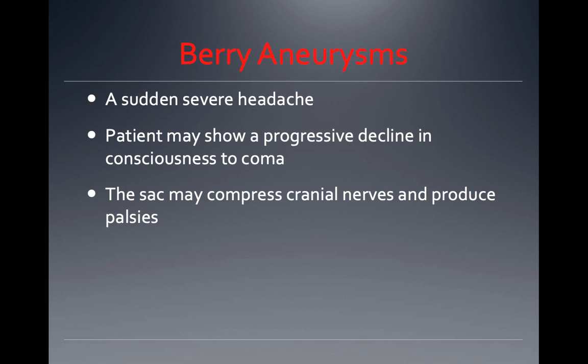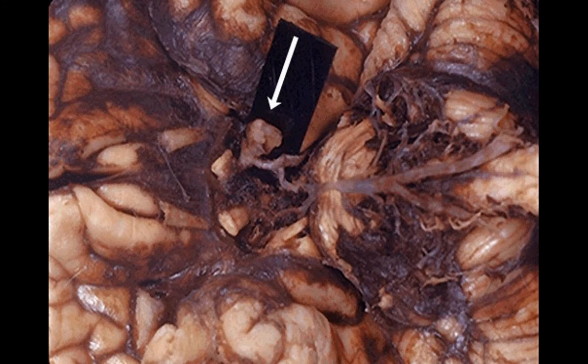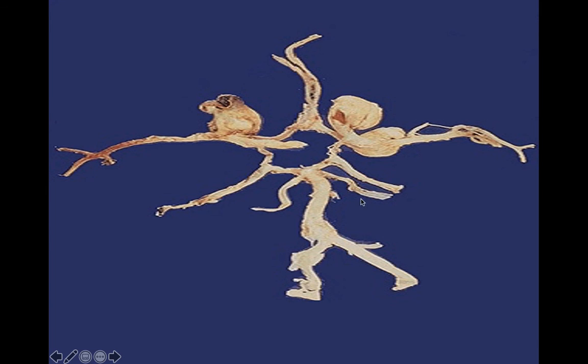And the sac, of course, like I said, can compress on the brainstem, compress on cranial nerves. It can even produce palsy type of shaking and actions. And then here's a smaller berry aneurysm that did rupture. And then this is a person who had multiple berry aneurysms in that circle of Willis.